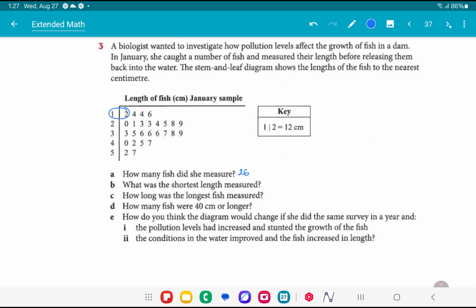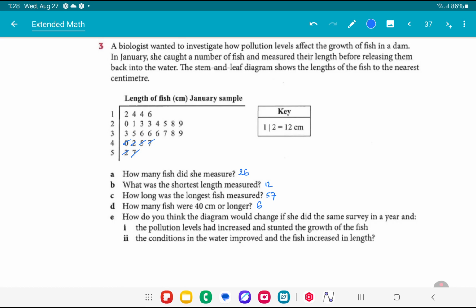We find here the shortest length 12. How long was the longest fish? 57. How many fish were 40 centimeters or longer? So we find 1, 2, 3, 4, 5, 6. There are 6.